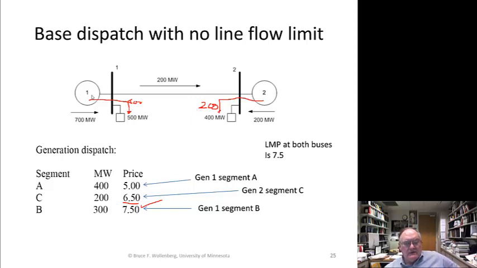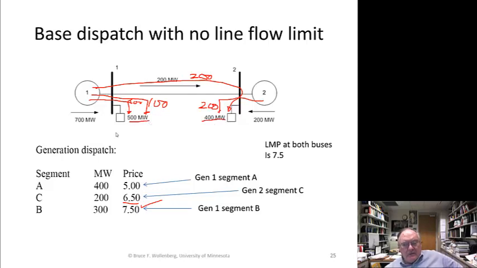So I take another 200 from here at 750, and then I take 100 here, and then I take 200 and I go around this way. 200 goes through the transmission line. There we go. So I'm supplying 500 here, and I'm supplying 200 here from this generator and 200 here, so I'm meeting the 400, I am meeting the 500.